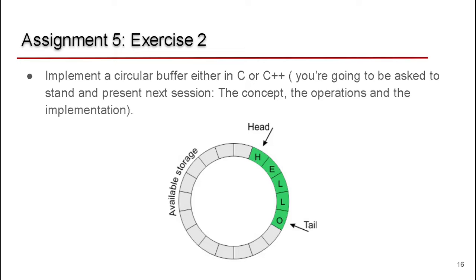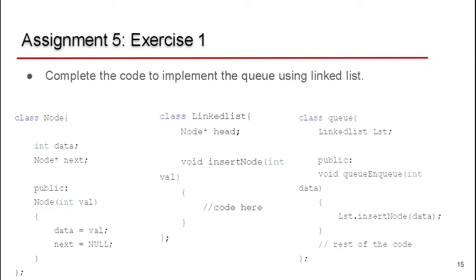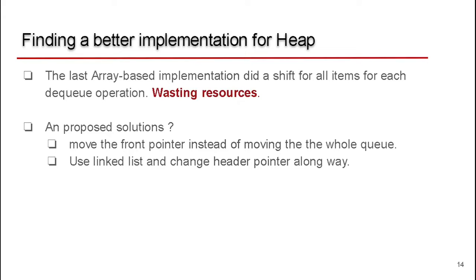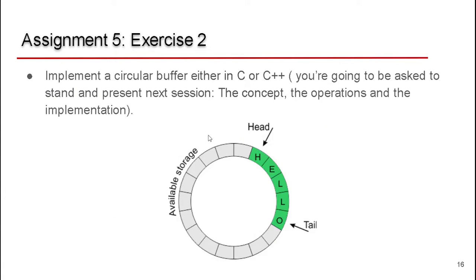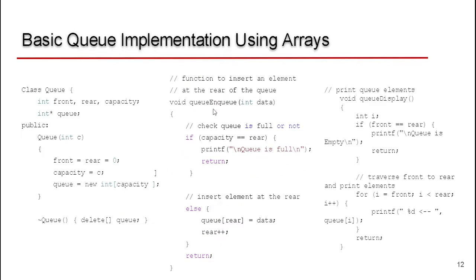Either you implement what I told you about, having a pointer pointing to the first item and moving the pointer each time you do dequeue. So you do just simple modifications to this code.